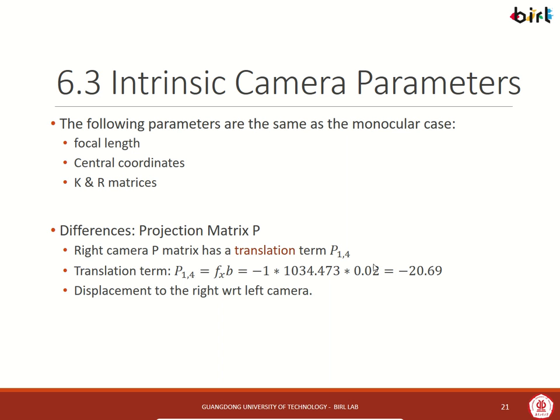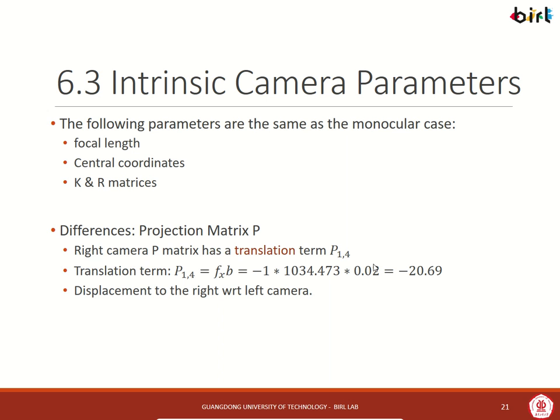So for the stereo case, when we think about intrinsic camera parameters, there are some parameters that are going to stay the same: focal length, central coordinates, and the K and R matrices, which have the central point of the image and focal lengths.